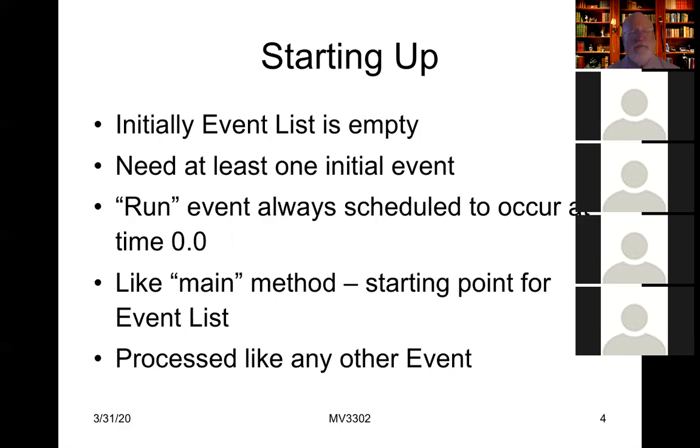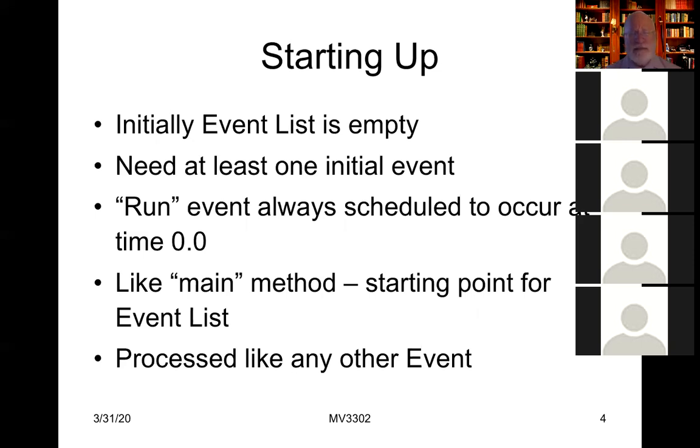What the run event is responsible for, and we'll get into this a little bit more, especially as we start implementing models. The run event has 2 primary responsibilities. One is to initialize all of the state variables. In other words, its state transition is to take every state variable and set it to its initial value.